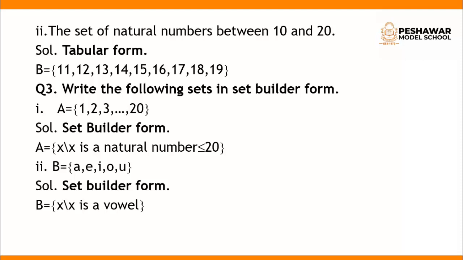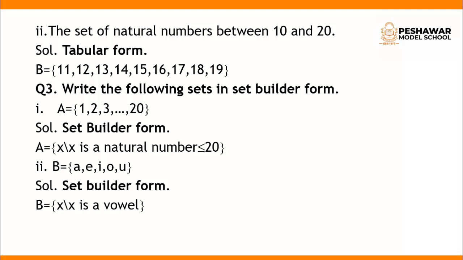Now what is the range of natural numbers? These are between 10 and 20, so we cannot write 10 and 20. You start your numbers from here, that is 11, 12, 13, 14, 15, 16, 17, 18, 19, and the braces are closed.